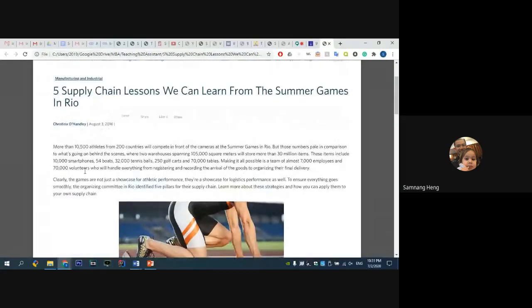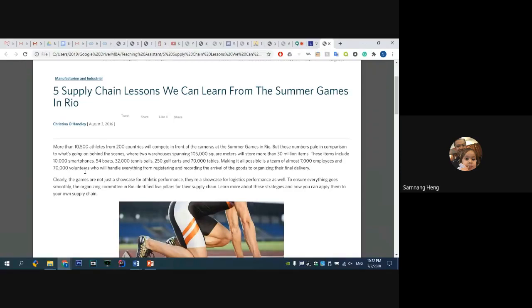Like in the Rio games, the country had to prepare and use a lot of logistics knowledge to take care of everyone, including making sure the stadium is big enough to support the audience traveling from all over the country.